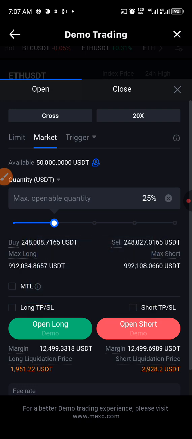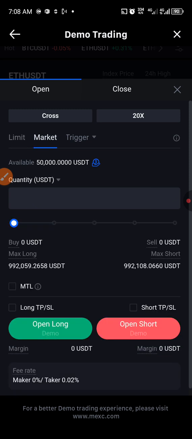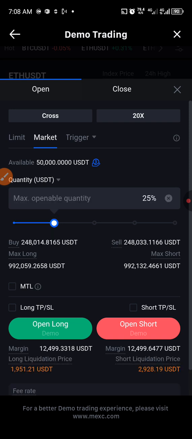Okay, so here we want to open. Is it on market? Remember I said the limit means you want to enter at a particular price, which I have done an example of earlier. But if it is market, that means you want to enter immediately. So now I want to enter this trade immediately, and I'm using 25% of my balance.